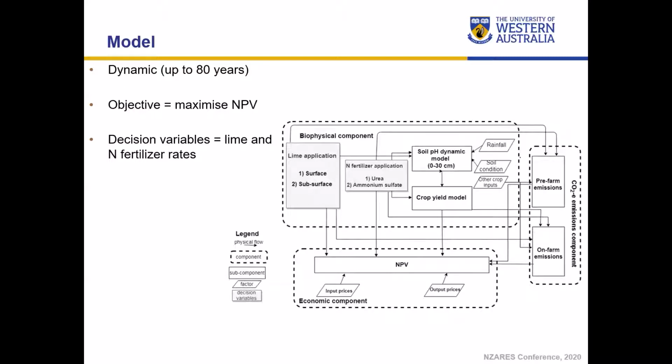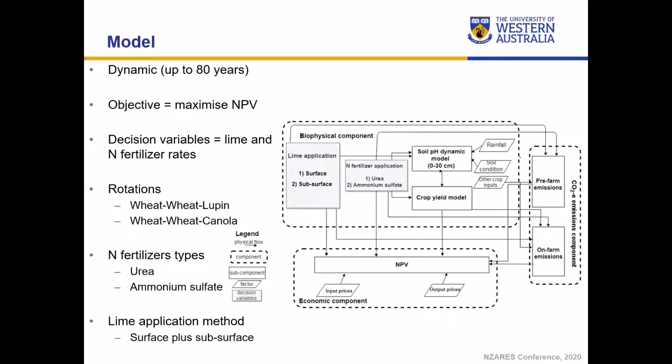And the greenhouse gas emission component predicts on-farm and pre-farm emissions from both lime and nitrogen fertilizers. And the outputs from these 2 components were fed into the economic component to maximize net present values in order to determine optimal decision rules for both lime and nitrogen fertilizer rates.